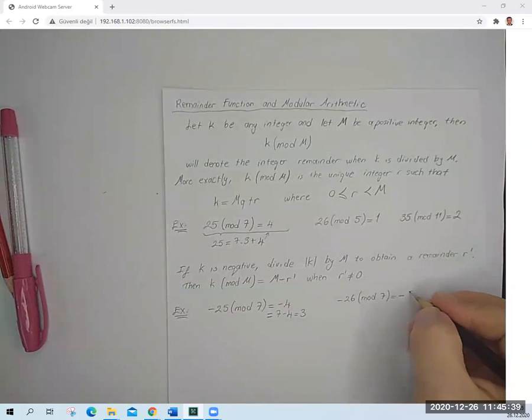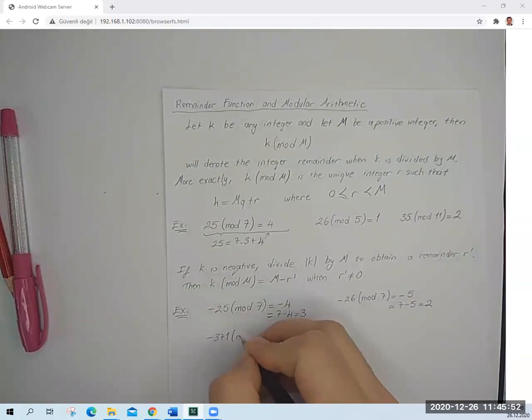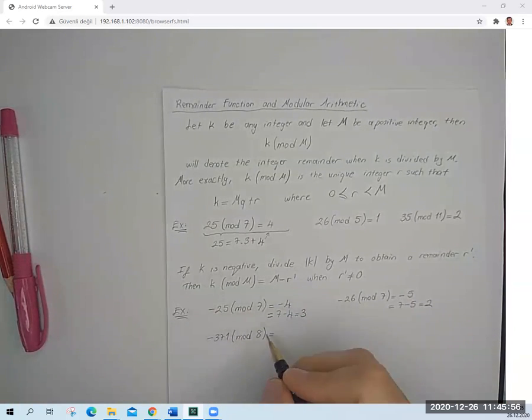Minus 5. And we will add here a 7, and it is equal to 2. And there is that kind of number, minus 3. So I will add here an 8, then it is equal to 5, and so on.